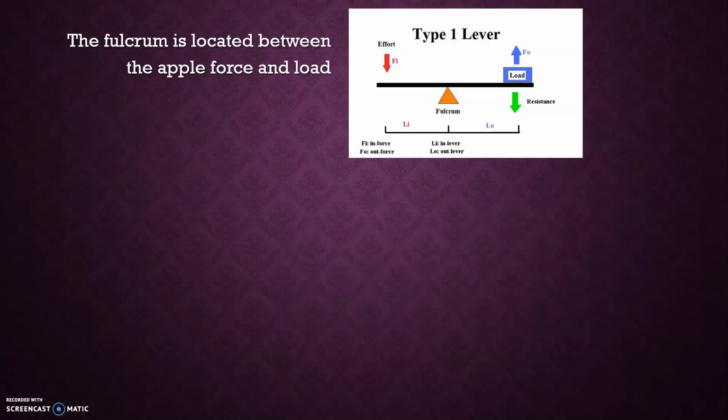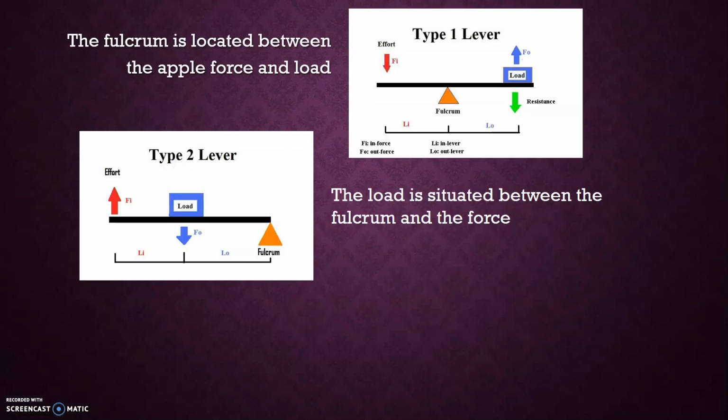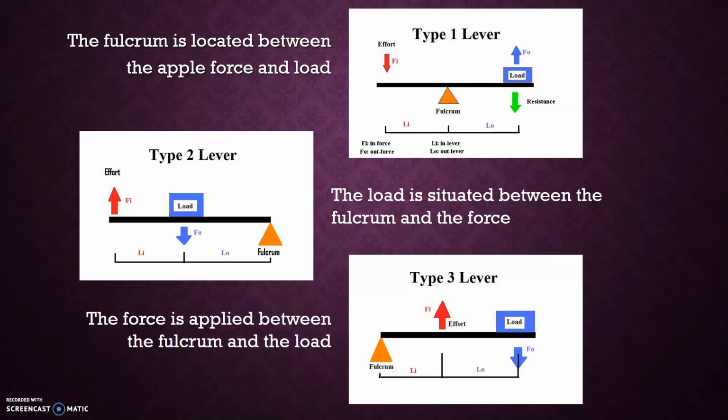Now, there are three different types of levers. There's a first-class lever, a second-class lever, and a third-class lever. Draw these levers down so that you know them. Okay, first-class lever says that the fulcrum is in the middle. Your effort and your load are on opposite sides of each other. Now, this fulcrum can move anywhere it needs to, but it has to be between the load and the effort.